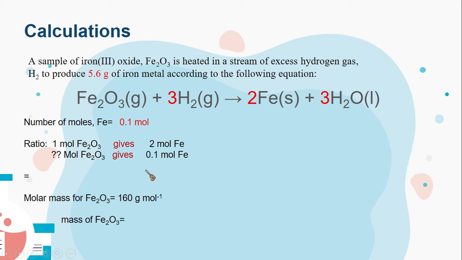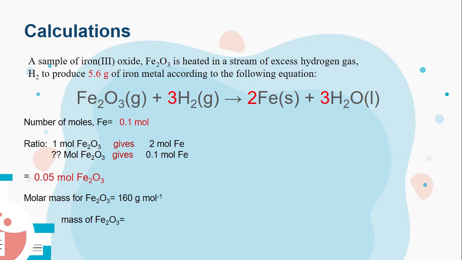How do you get 0.05? Divided by 2, right? Because 0.1 goes up, 2 goes down. So 0.05 mole iron 3 oxide. Now we already get the number of mole for iron 3 oxide. Almost done.